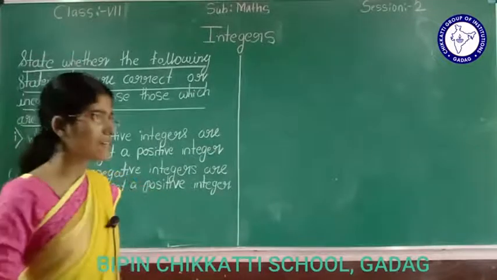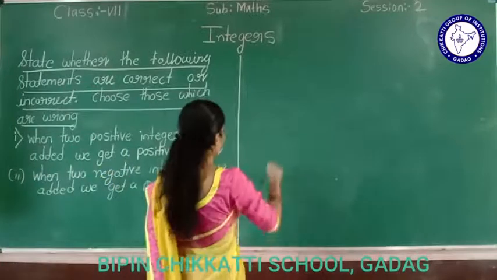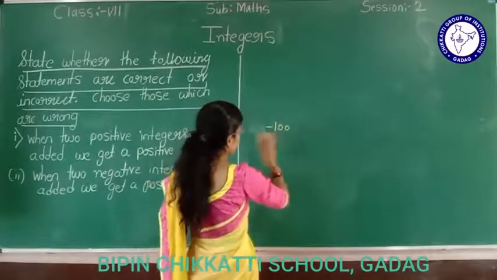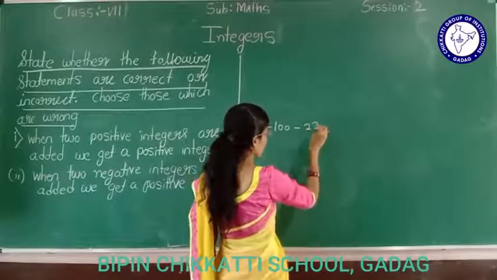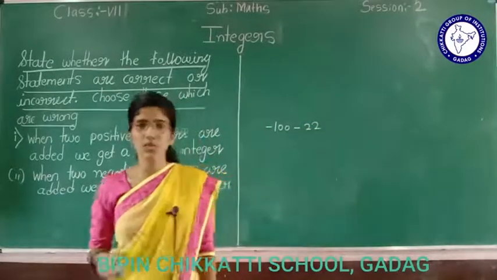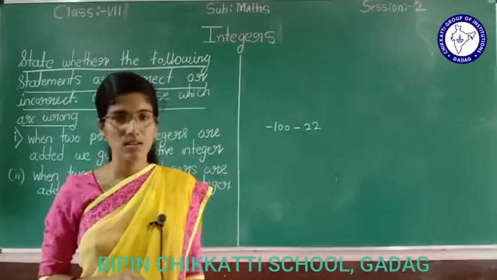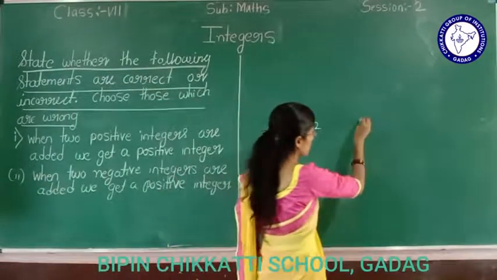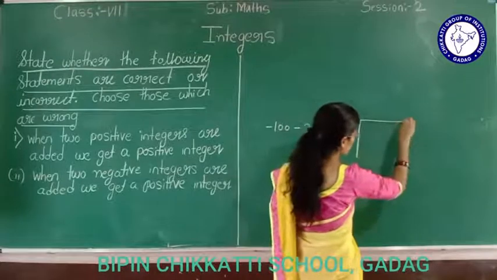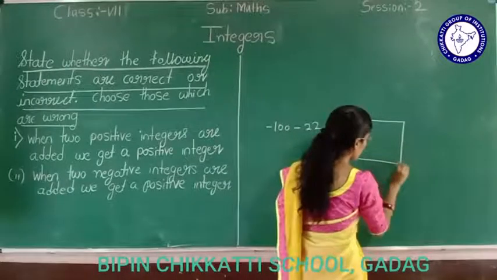I told in the last class only, suppose I gave you minus 100 minus 22. If I gave you such numbers, you can't go for the number line. Yes or no? I gave you one more method by which you can solve that.